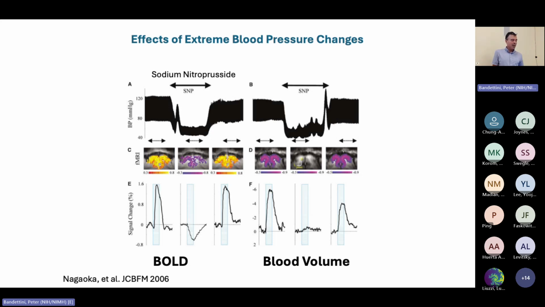I believe Sanjay Kim's group did this, published it in JCBFM in 2006, where in an animal model, not in humans, they actually added sodium nitroprusside, such that the blood pressure went almost down to zero, but it was still enough that the blood was trickling through.